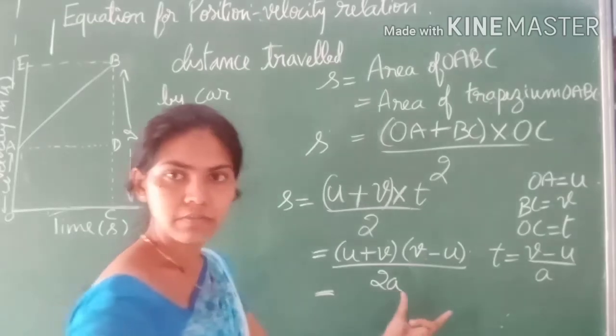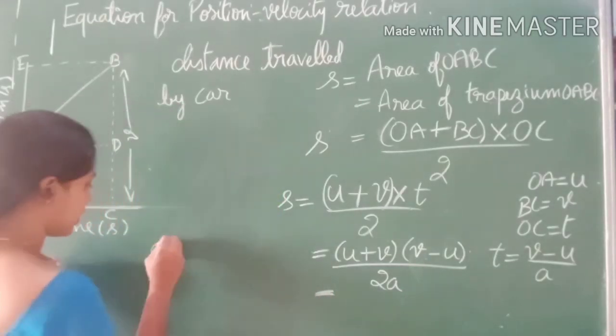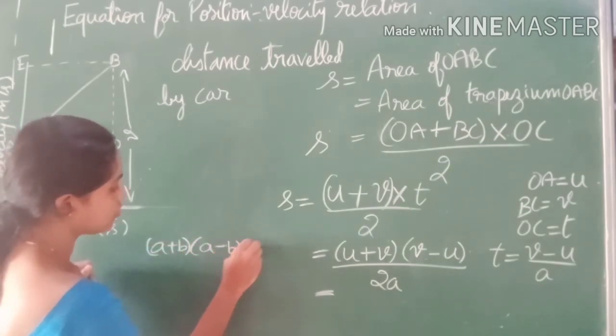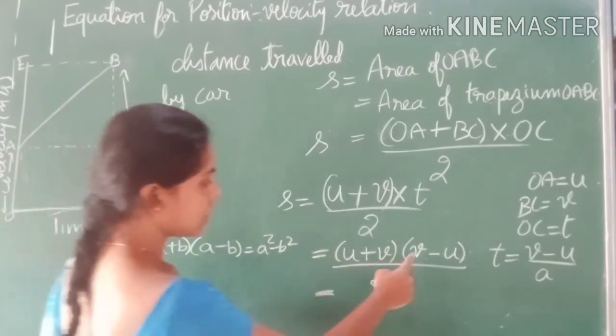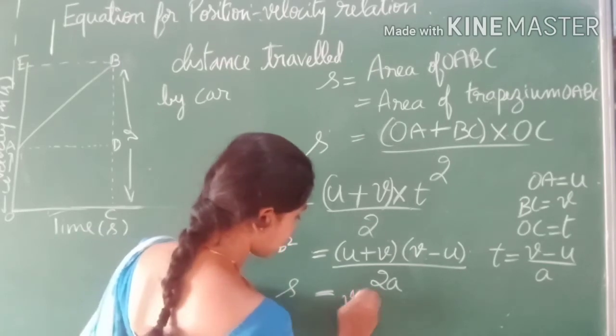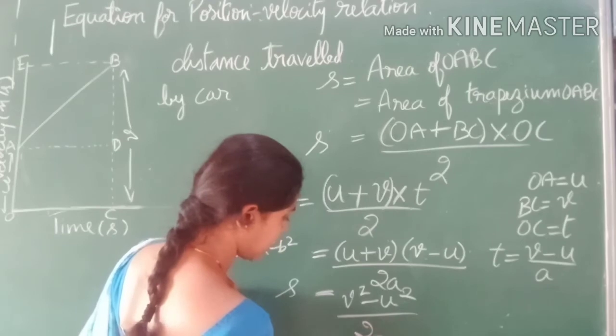We know that in algebra, A plus B into A minus B is equal to A square minus B square. So U plus V into V minus U gives S is equal to V square minus U square divided by 2A.